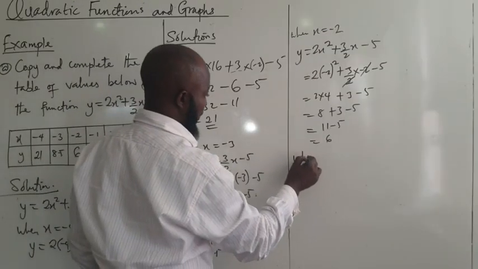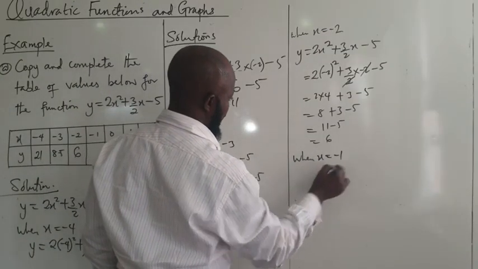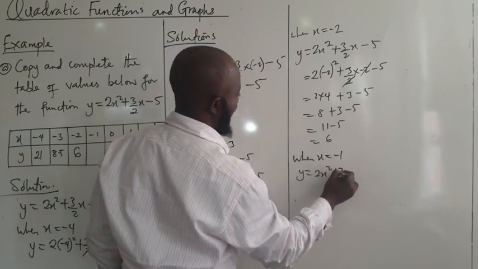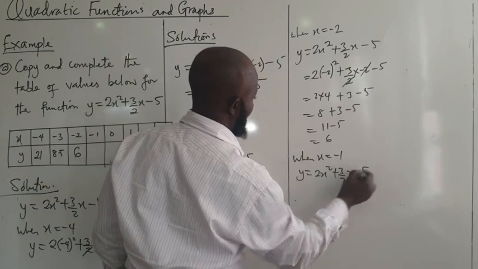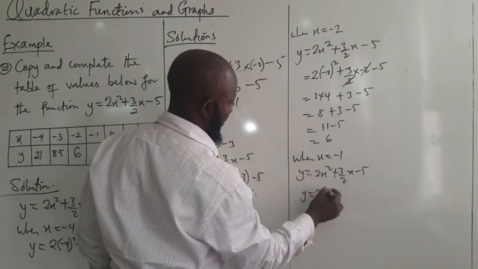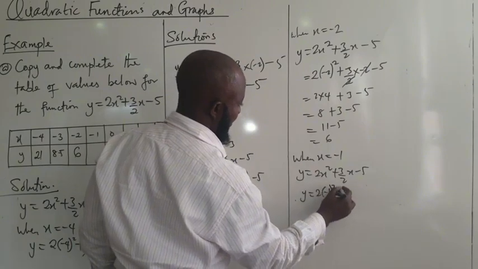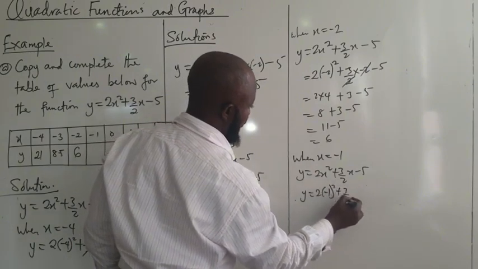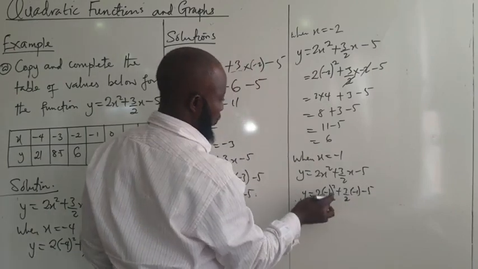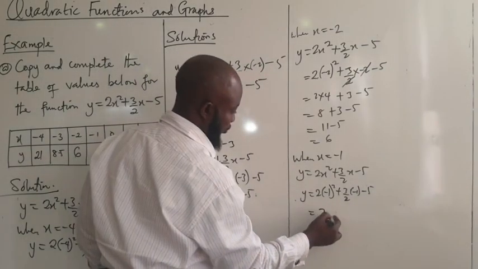When x is minus 1, y equals 2x squared plus 3 over 2x minus 5. So this will give us y equals 2 into minus 1 squared plus 3 over 2 into minus 1, minus 5. So 1 squared is 1, 1 times 2 is 2.